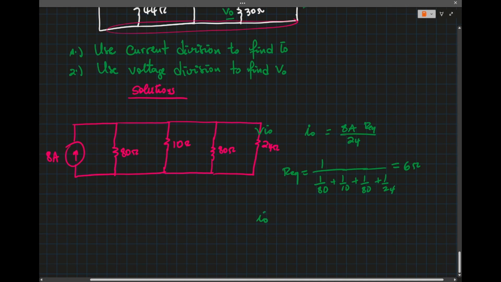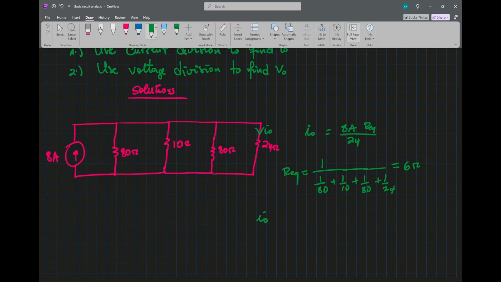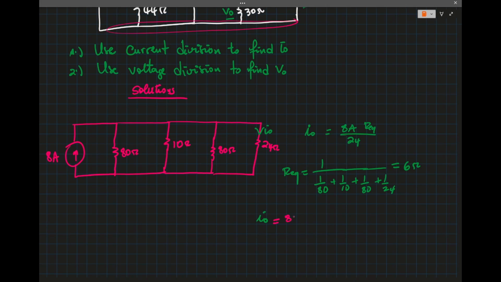So I0 is equal to 8 times 6 over 24, which is 8 divided by 4, which is 2 amps. So I0 is 2 amps.